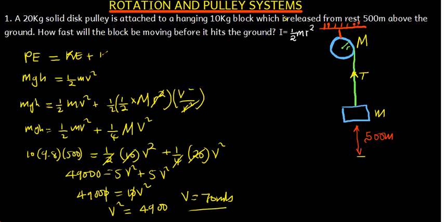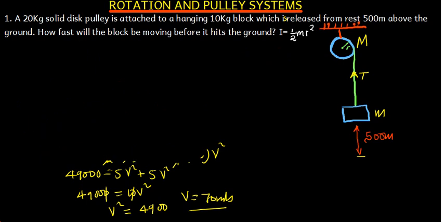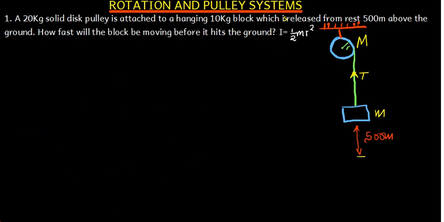Now using torques, we are going to talk about the net forces acting on the mass which is dropping. Because it is moving down, we take motion down as positive. In other words, acceleration down is positive.